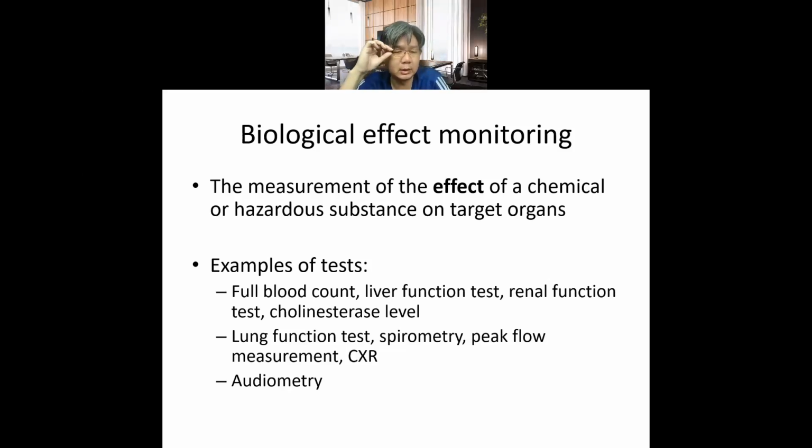We are not measuring the noise. If you are measuring the noise, then that is an exposure assessment. When you are exposed to noise, people will end up with hearing loss. So if you want to know what the level of your hearing is, whether you have hearing loss or not, then we carry out audiometry, and that is the effect of exposure to hazards. So that's why we call audiometry a biological effect monitoring.